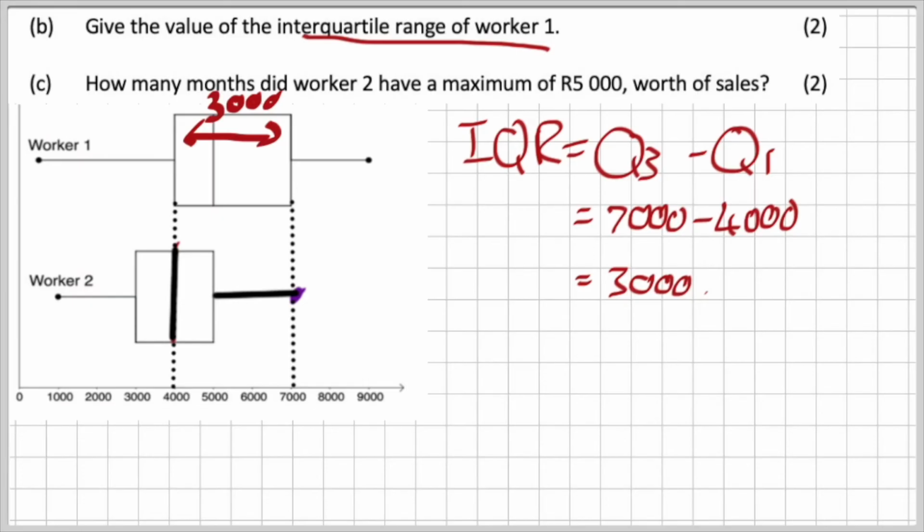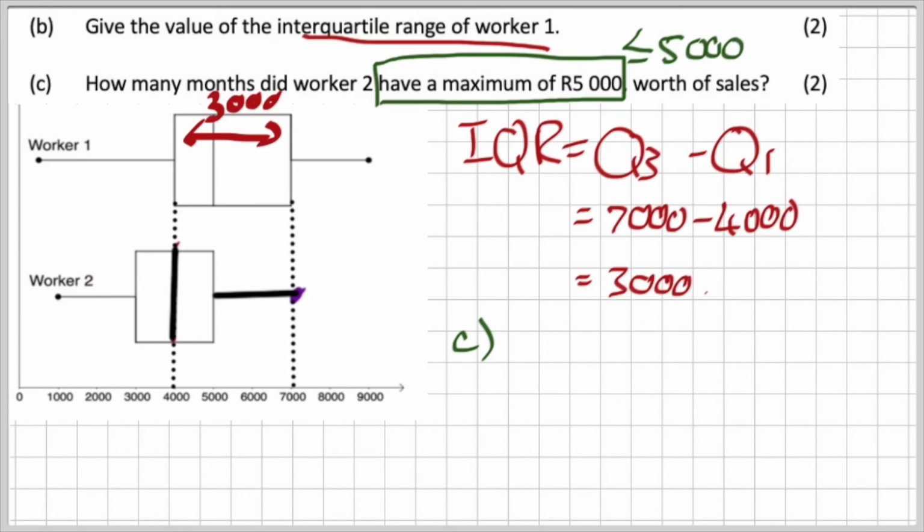So let's just go over to the C question. How many months, okay, now there's an important word. How many months did worker 2 have a maximum of 5,000 Rand worth of sales? So first of all, if I look at worker 2, the 5,000 Rand means that, and they're saying a maximum, so I've got to look at smaller than or equal to 5,000.